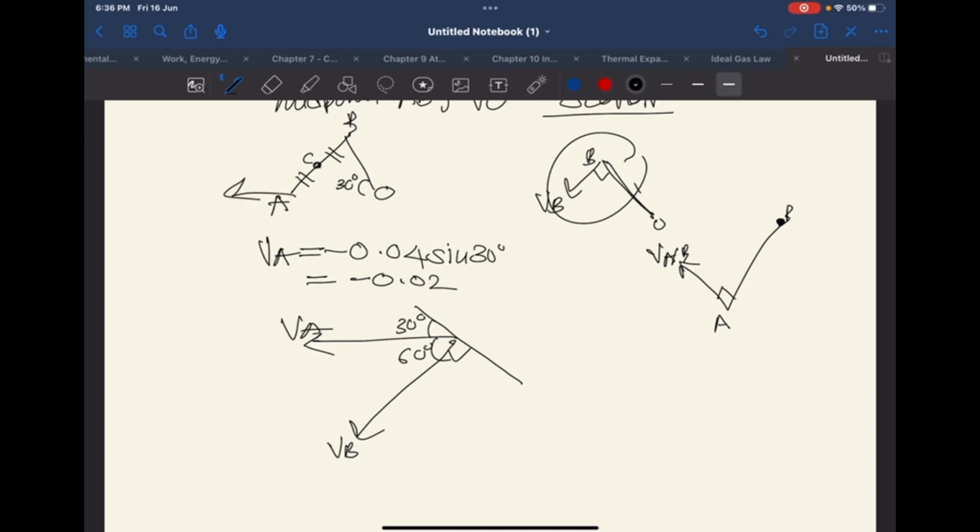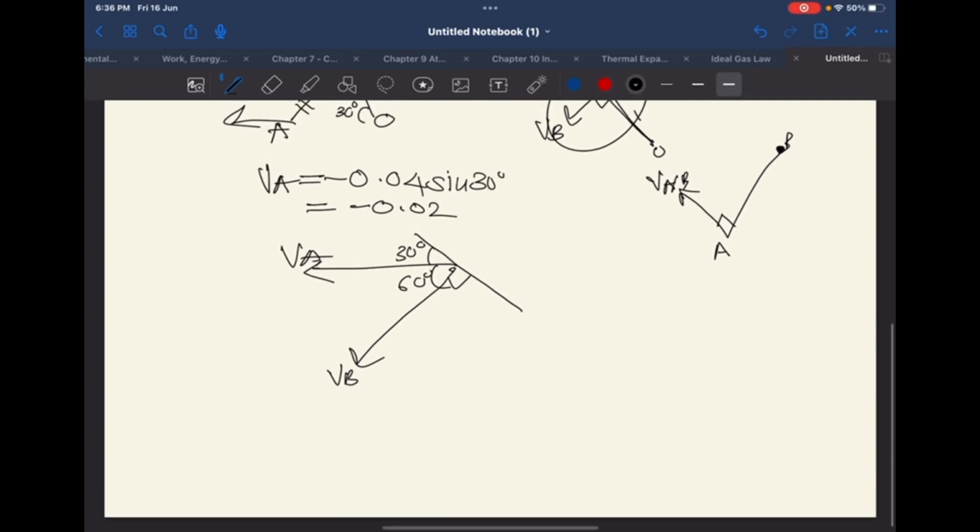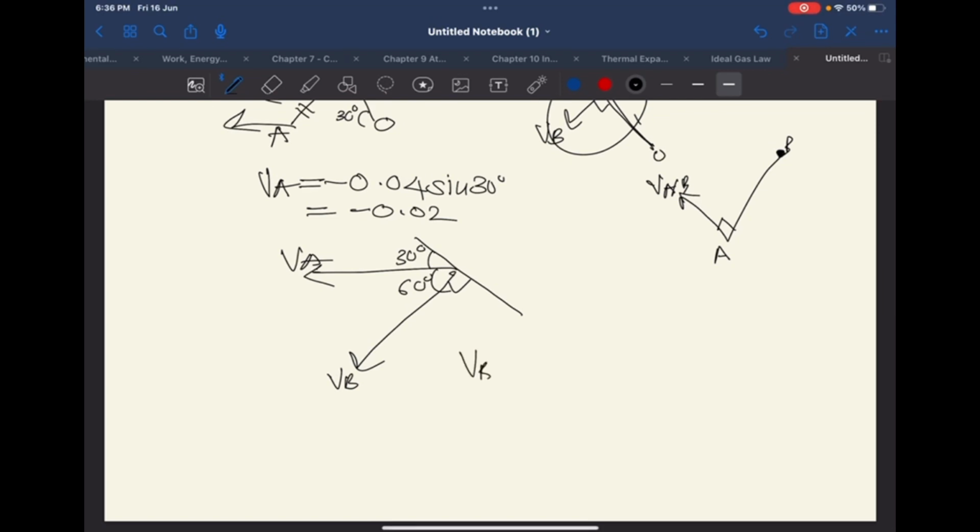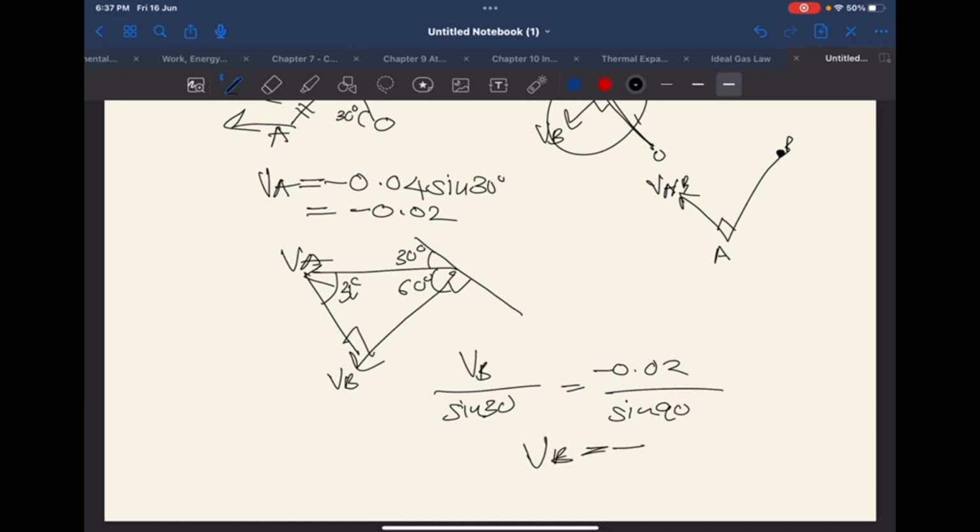VC we do it like this, VC, VB like this. To find VB, we use the sine rule. This is 90 degrees. VB over sine 30 equals negative 0.02 over sine 90. So VB is equal to negative 0.01.